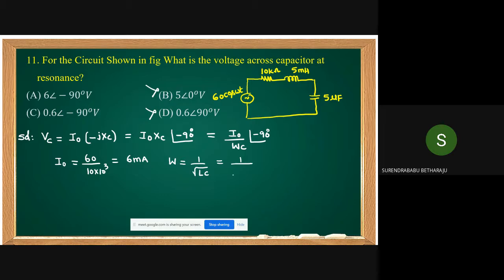1 by root LC. What is L? 5 millihenry, 5 into 10 power minus 3. What is C? 5 into 10 power minus 6. We do this calculation. How much are we getting for omega? Yes, this 5 into 5, 25. 25 root is 5. That is 1 by 5 into 10 power minus 9.